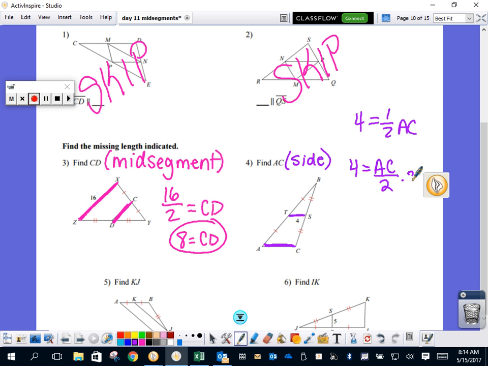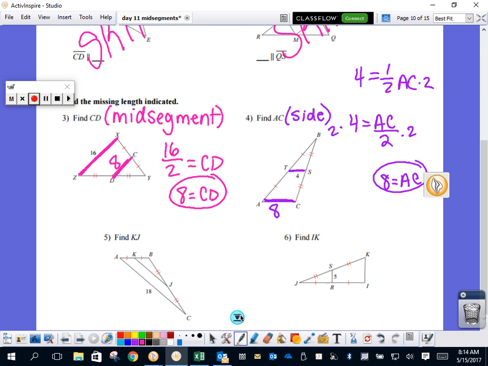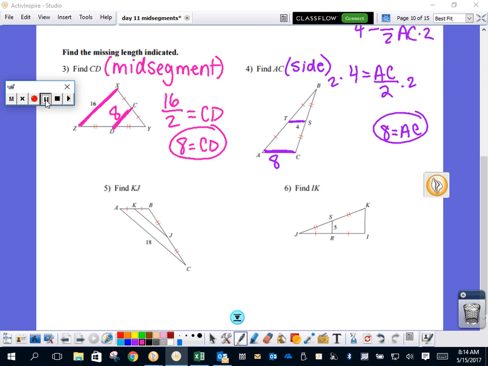Multiply by 2. Okay? Alright, why don't you take like 2 minutes to do the bottom two.